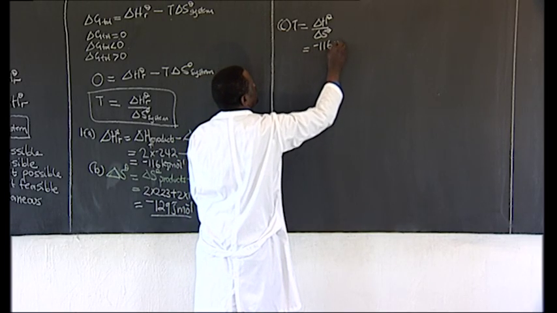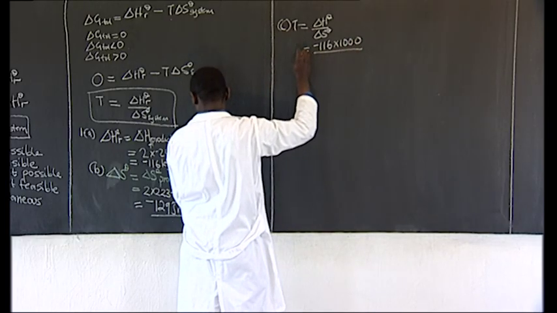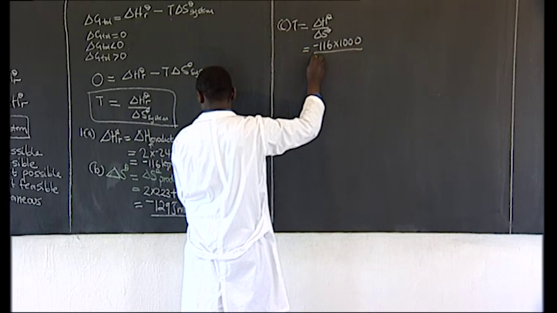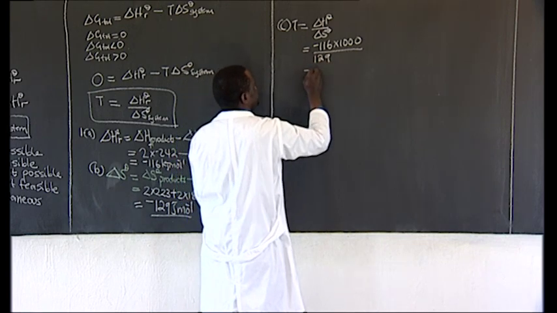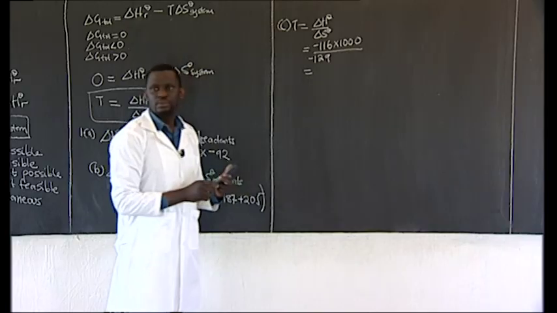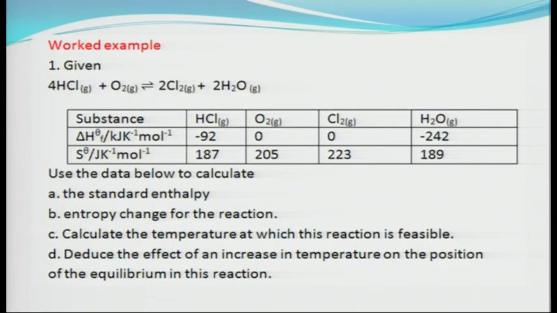Because they are kilos, we're going to multiply times 1,000. And down here, we have only joules per mole, 129. They are all negative values.